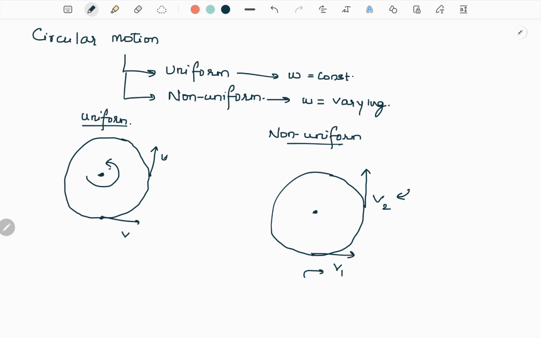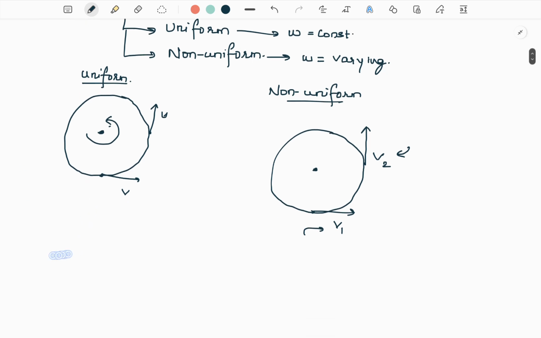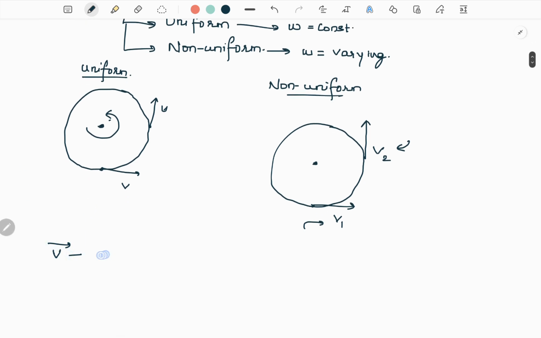Whether you take uniform or non-uniform circular motion, the velocity is changing. Velocity is a vector quantity, so it has both magnitude and direction. If either the magnitude changes, the direction changes, or both change, the vector quantity is said to be changing.